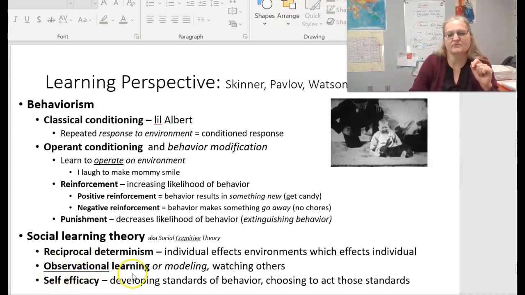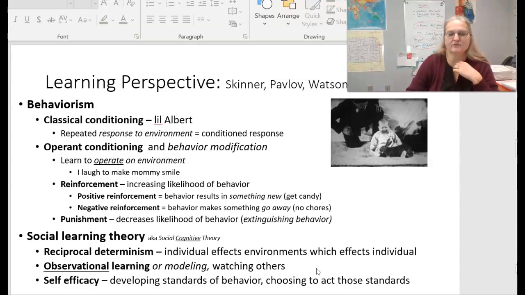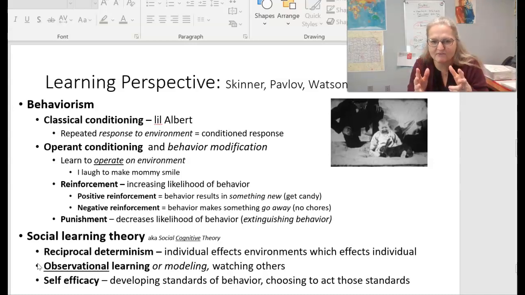Observational learning is when I learn how to act simply by watching somebody else or modeling behavior. Self-efficacy is a fancy term that falls under this umbrella. Efficacy sort of looks like effect.